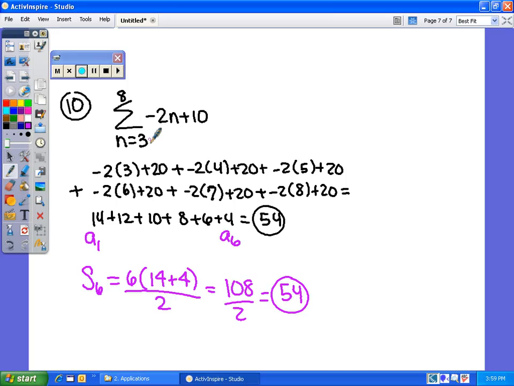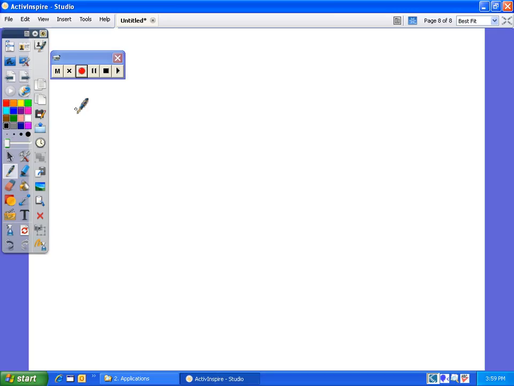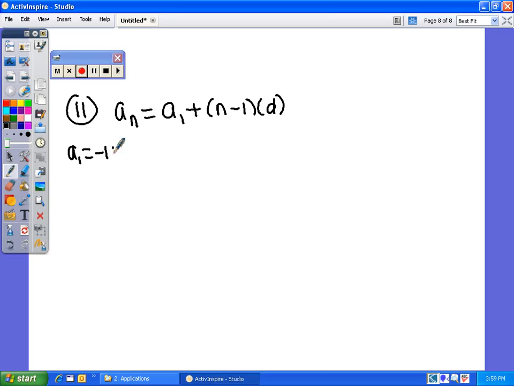Alright, so that takes care of all the summation. Now from 11 to 14 are just working with sequences and series. So number 11 is based off of this formula. So our a sub 1 here is negative 11. Once you start adding things together, you find out that your difference is 5.